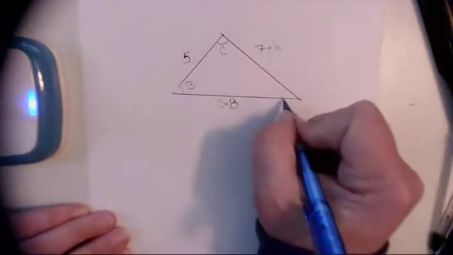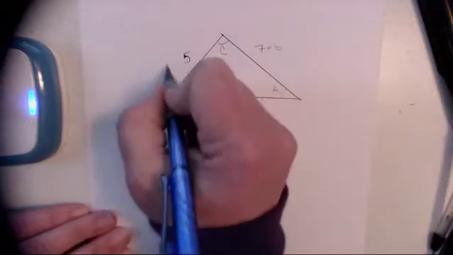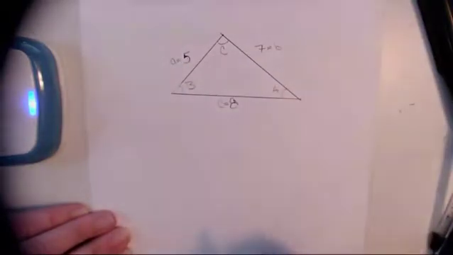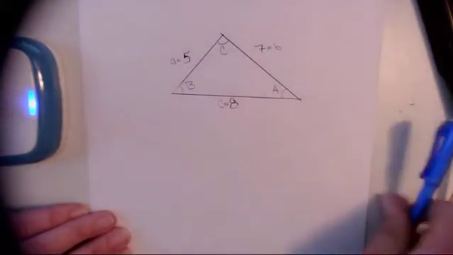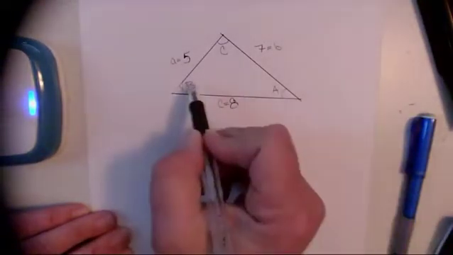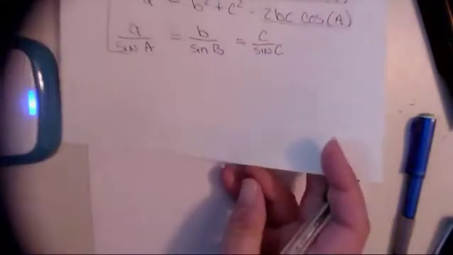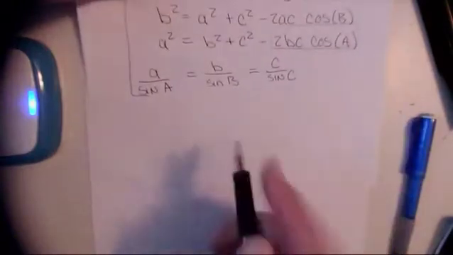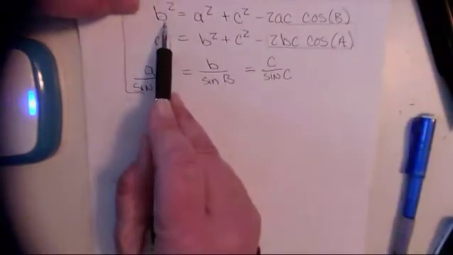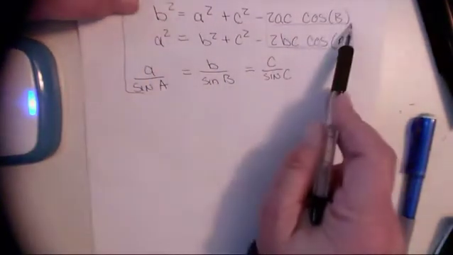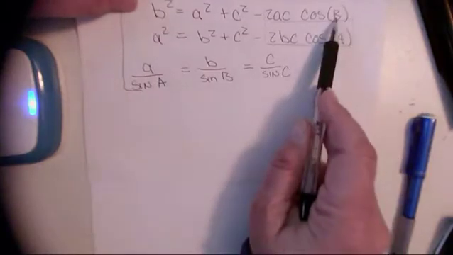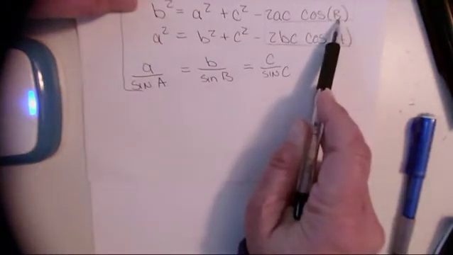And I'll call this guy A, which means this little guy will be a. So let's start off by solving for B. It's kind of handy by labeling them the way I have. I want to solve for B. So if I solve for B, I need to use this equation. That will give me this angle B. So let's look at that.